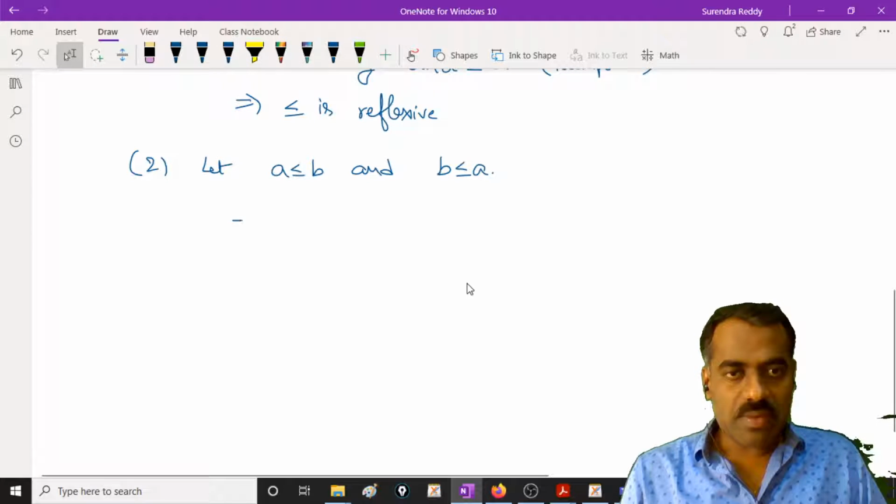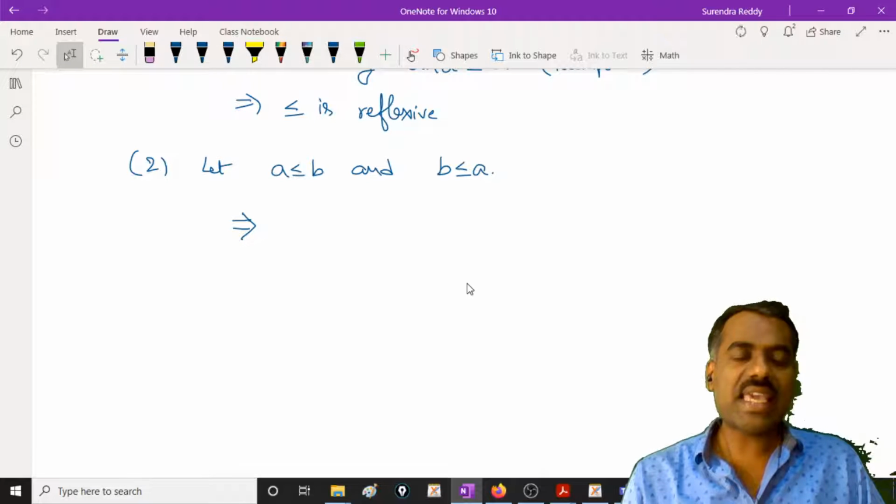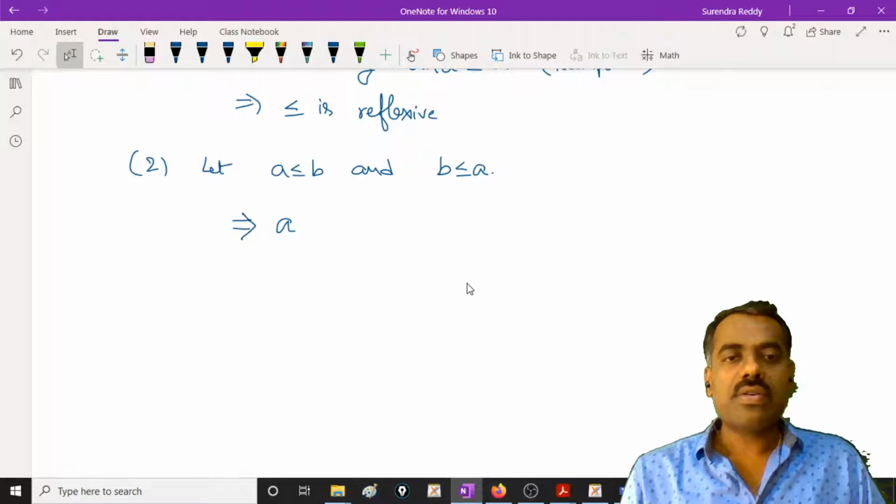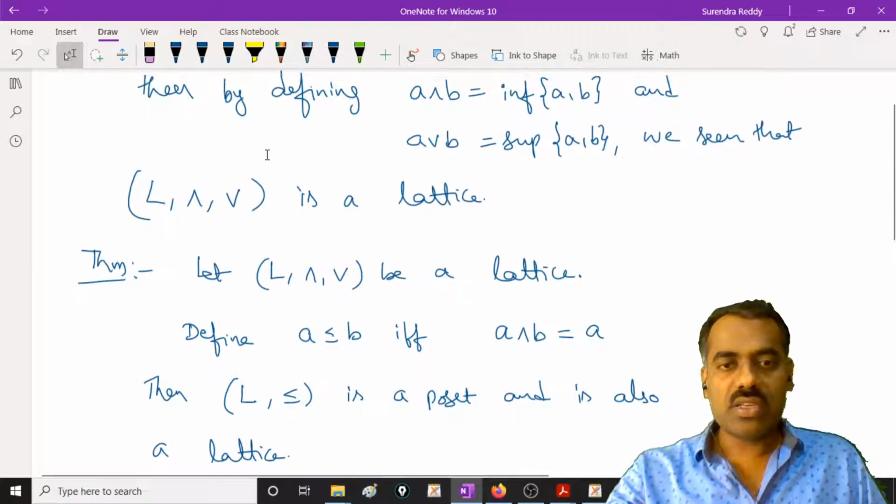But what is the meaning of this relation? What is meant by saying A is less than or equal to B? You should always keep in mind what our relation is.